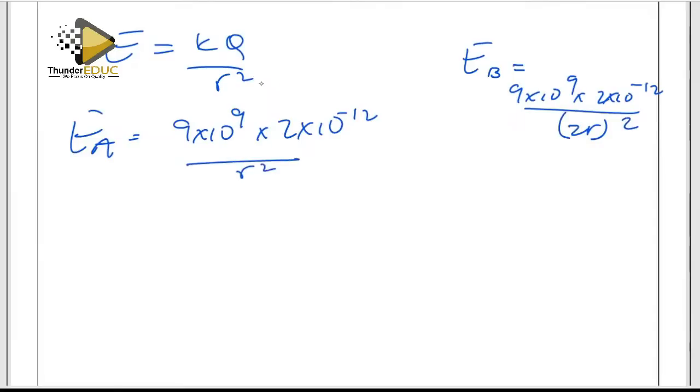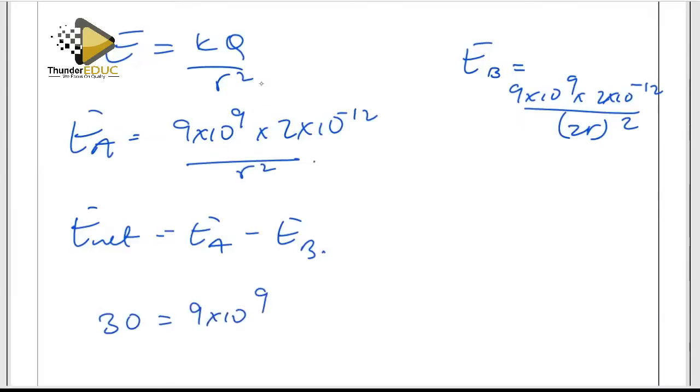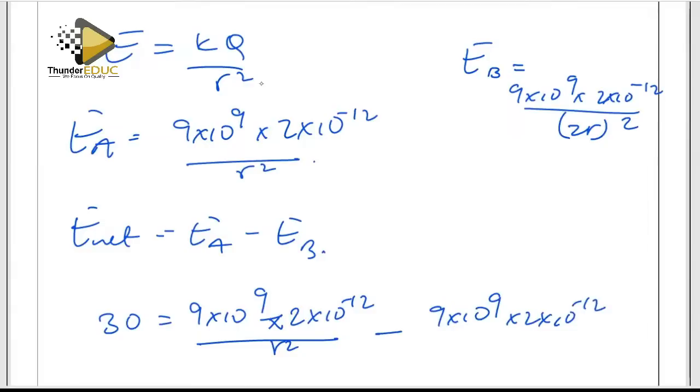This was R squared. Then for me to get the E net, I'll get EA minus EB, meaning that we're going to have 30 being equal to 9 times 10 to the 9, 2 times 10 to the negative 12 over R squared, we are subtracting, 2 times 10 to the negative 12 over 2R squared.